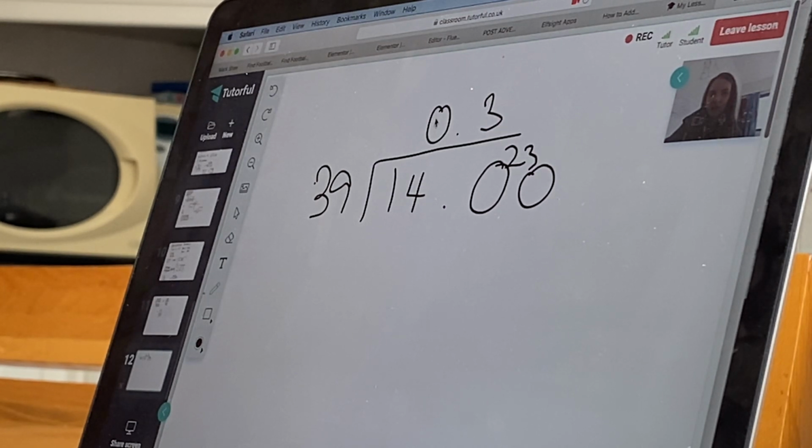Almost there. Just go to maybe two decimal places, that's fine. Or 3 if you like, but don't do 2 anymore.